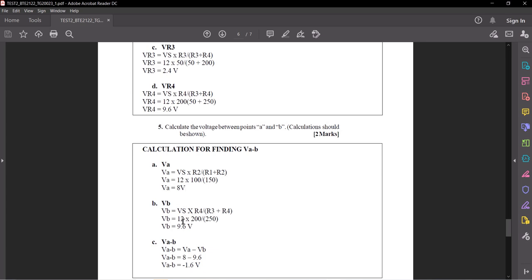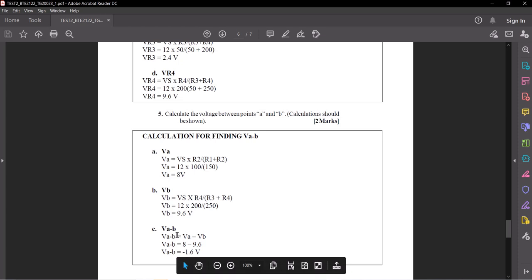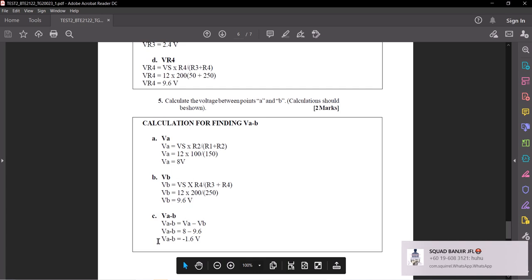Now 12 times 200 divided by 250, and VB is 9.6. Now to find the voltage between points A and B, we subtract the voltage at B from the voltage at A. So 8 volts minus 9.6, which gives the voltage across A to B as negative 1.6 volts.